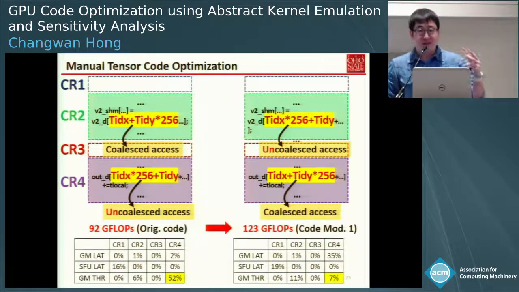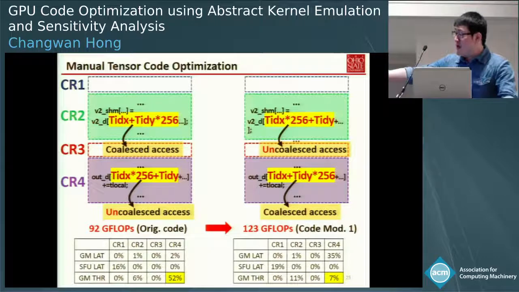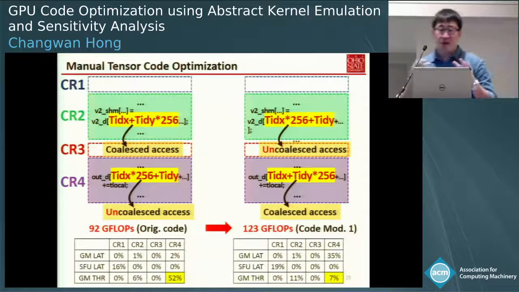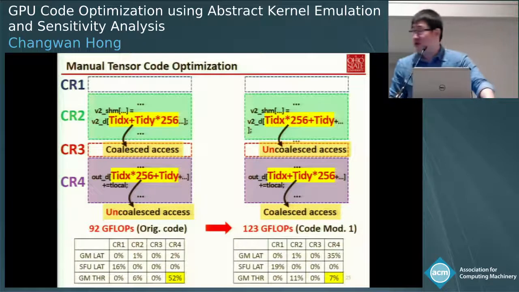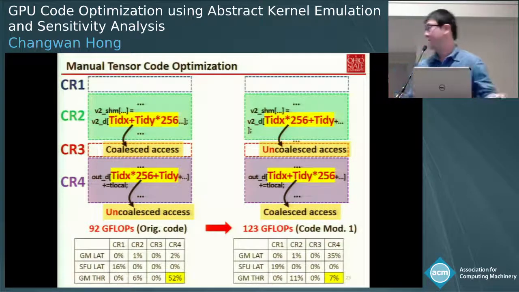Actually, we did sensitivity analysis with respect to each latency and throughput, but as you can see in the bottom left table, we only show sensitivities with respect to global memory latency, special function unit latency, and global memory throughput, because they are the most sensitive to performance.